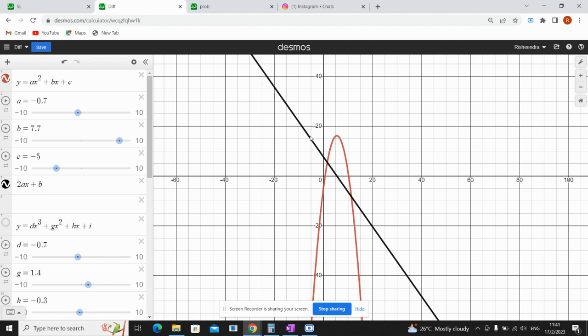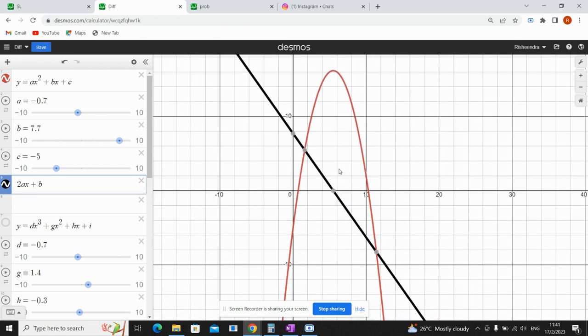The straight line is in the positive y up to the maximum point, and after this the parabola is decreasing. Decreasing means the parabola has a negative slope. The slope of the parabola is negative, and the straight line is in the negative values. Look how beautiful it is.